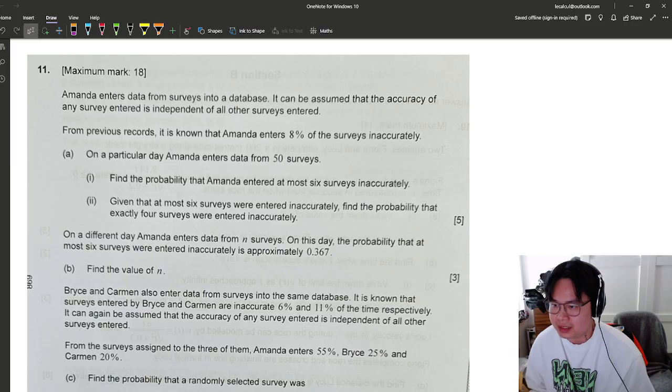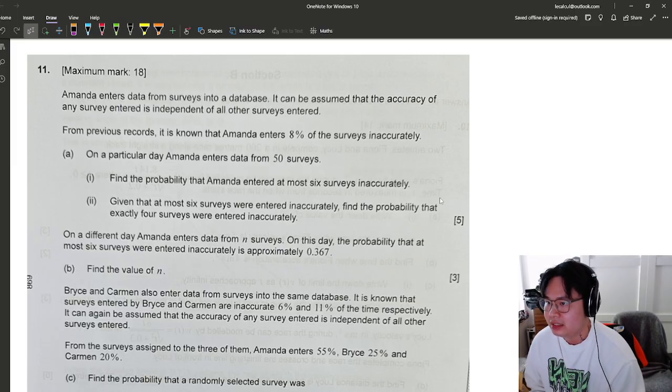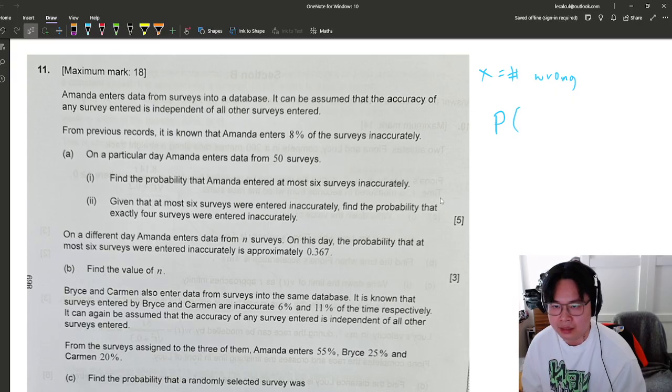We want at most 6 surveys, so this is cumulative. Let's say X is the number of wrong ones entered. Then we are finding the probability that she does at most 6 wrong.